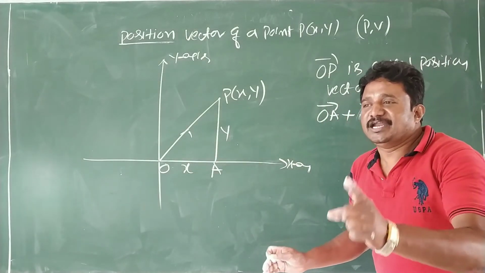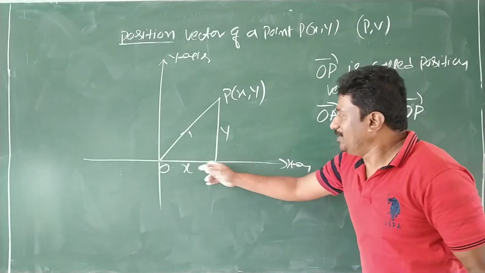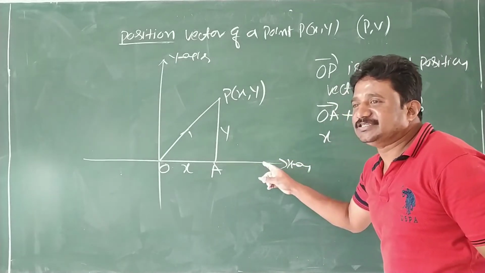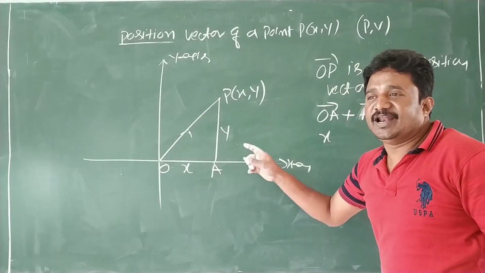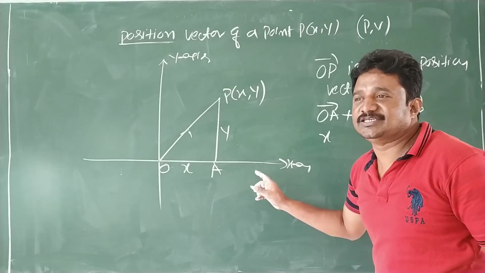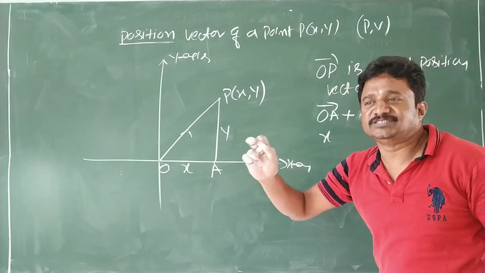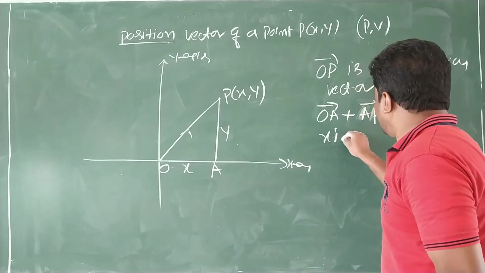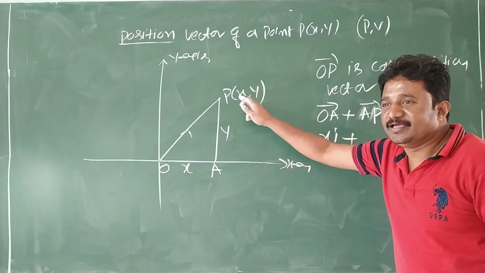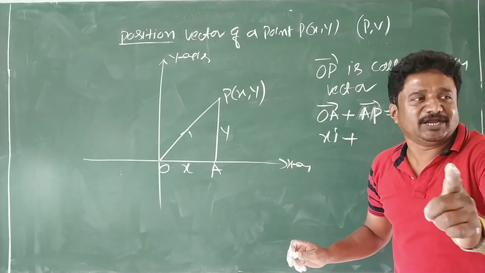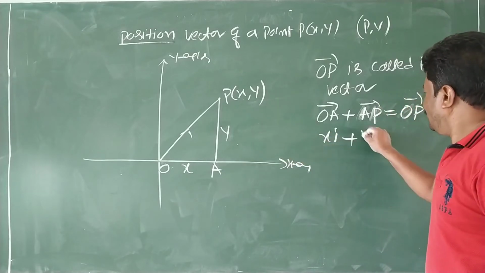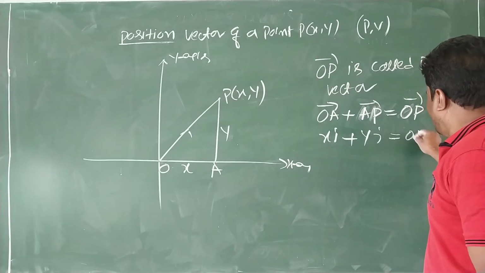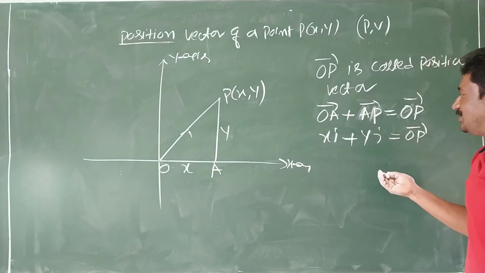Vector means magnitude into unit vector. The length of vector OA is x. The unit vector along the x-axis is i. So OA is xi, plus AP. The length is y, and the unit vector along the y-axis is j. So AP is yj, which gives OP.